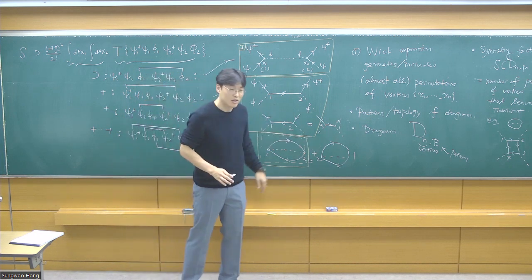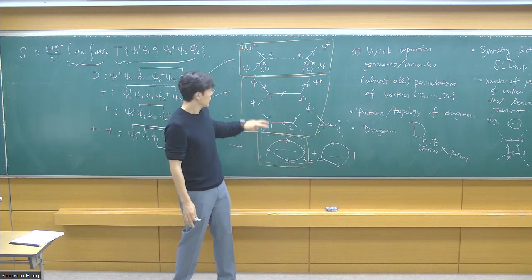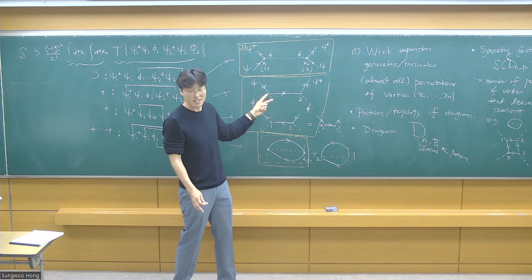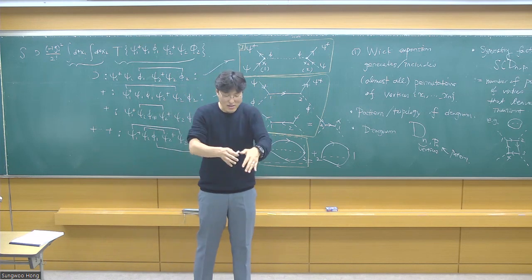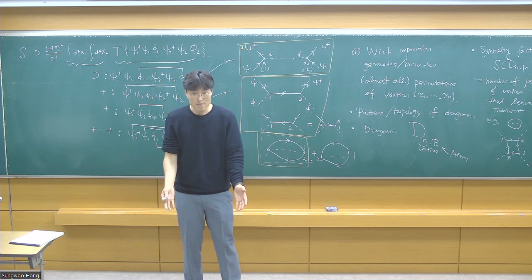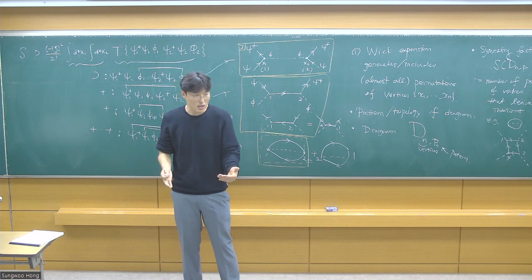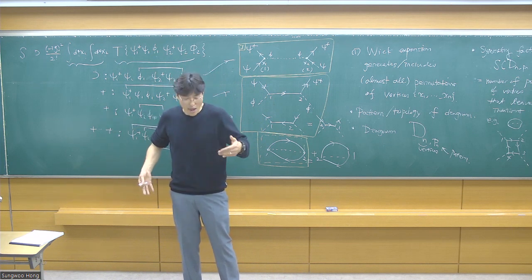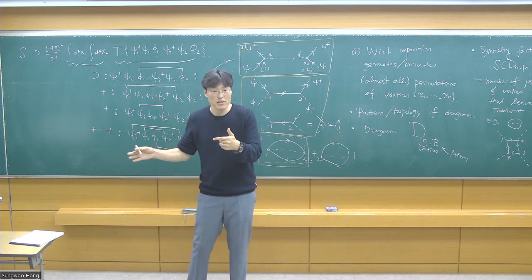Naively there are two, divided by two, that's why you get one inequivalent diagram. At the level of integrand, you get n factorial over S inequivalent integrand diagrams. Clear? However, once you integrate over all the x's, every single one of those inequivalent integrand diagrams will yield the same operator.